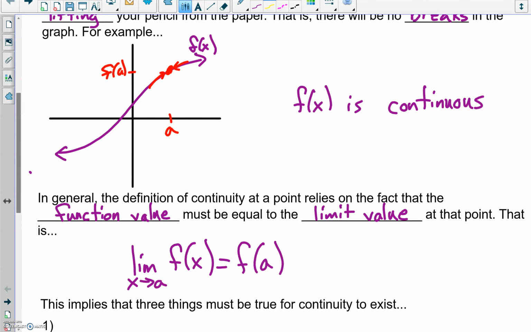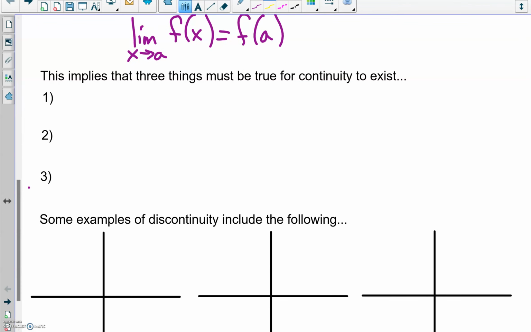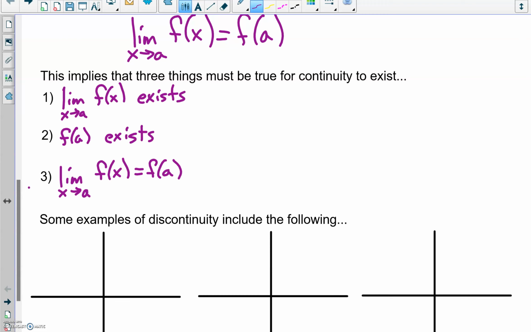And what that definition really implies is that three things must be true for continuity to exist. The limit as x approaches a of f of x has to exist. Can't have that equality if it doesn't exist. So first thing, you've got to make sure that limit exists. Second thing, the function value at a has to exist.